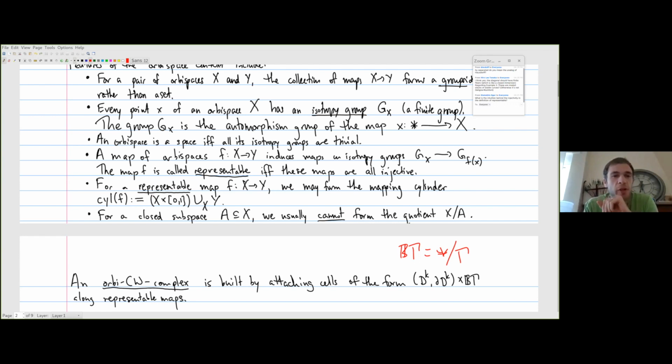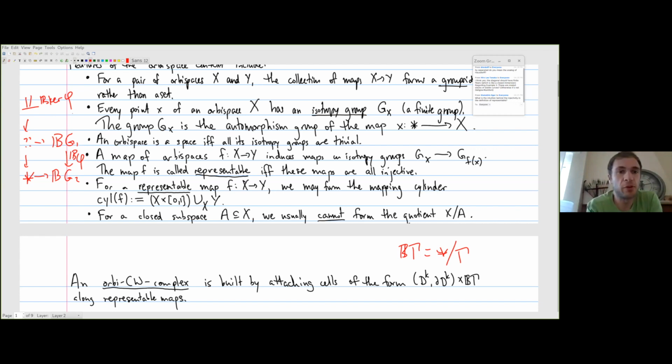I don't know if this is intuition, but you can ask yourself, if I have a map from BG1 to BG2, and I want to pull it back along a point and say what goes here, well, it will be some number of copies of B of the kernel of phi.